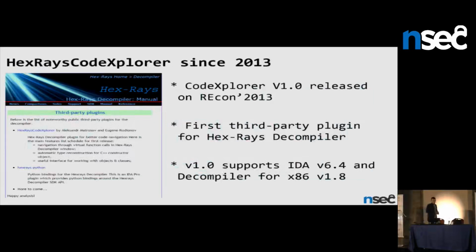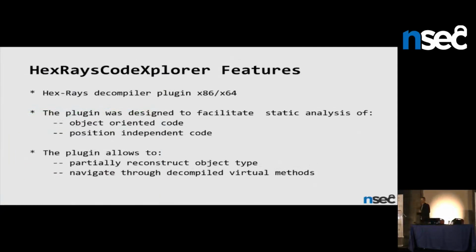It was inspired by the work on the Gapz bootkit, when we were dealing with position-independent code, and this is the first time we conceived this tool. But later we decided that some functionality which was suitable for working with position-independent code may also be applied to object-oriented reversing.